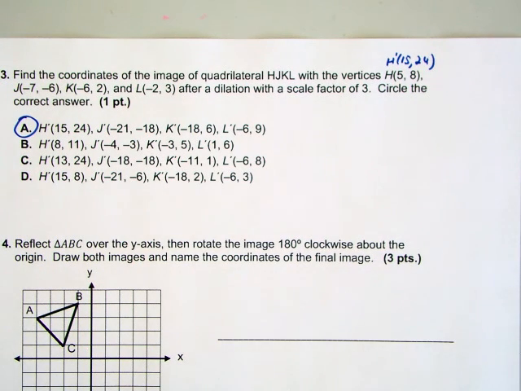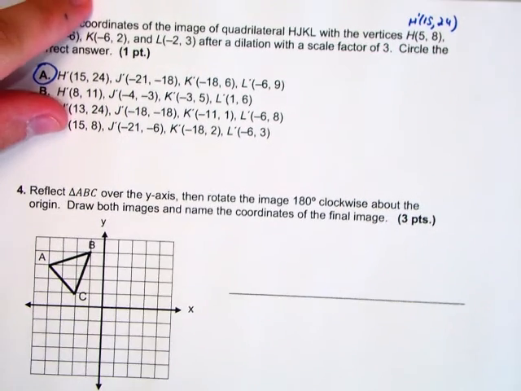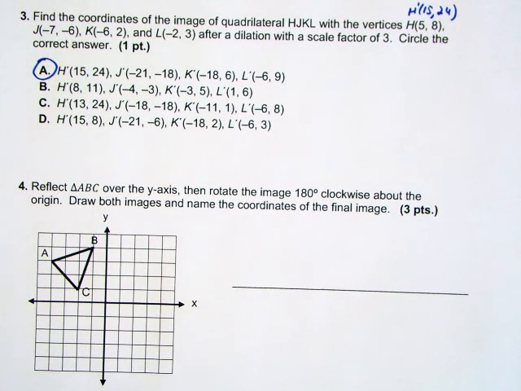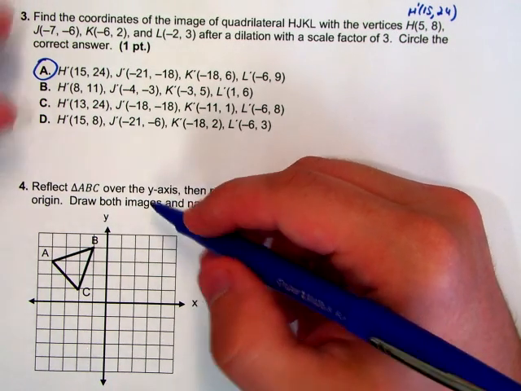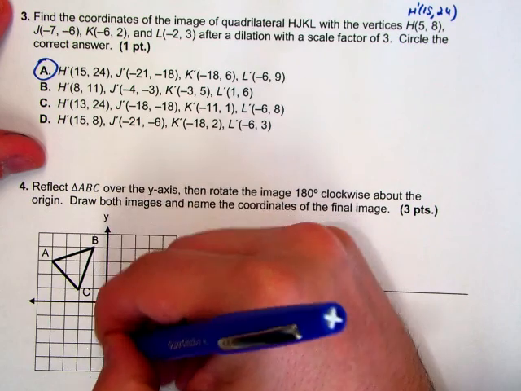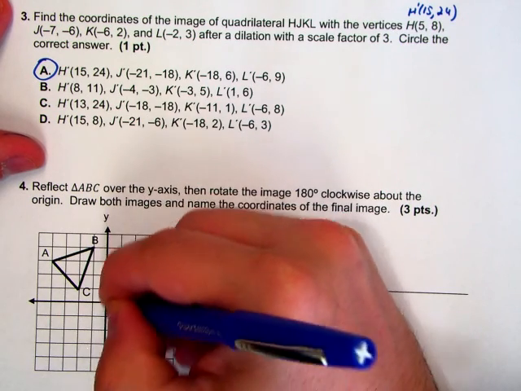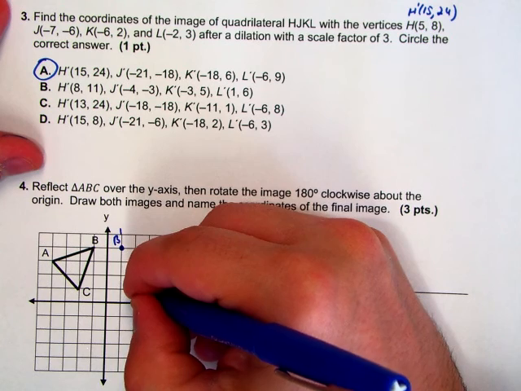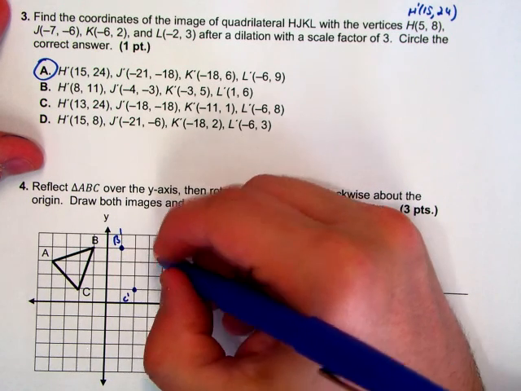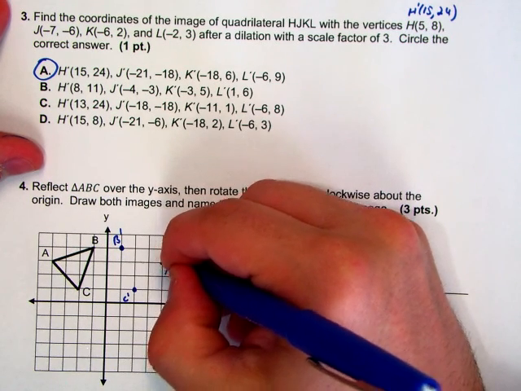Number 4, reflect over the y-axis and then rotate the image 180 degrees. So, what I'm going to do is I'm going to use tracing paper, but first I need to reflect over the y-axis. This here is the y-axis. So B prime would be here, C prime would be here, and A prime would be here.